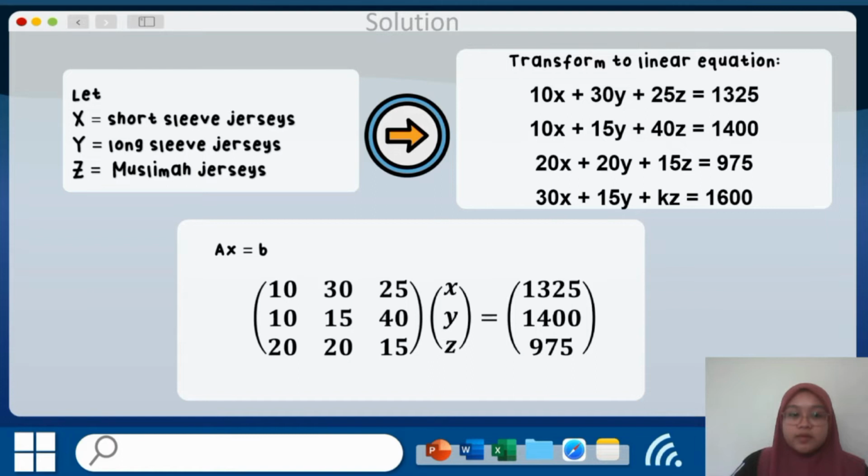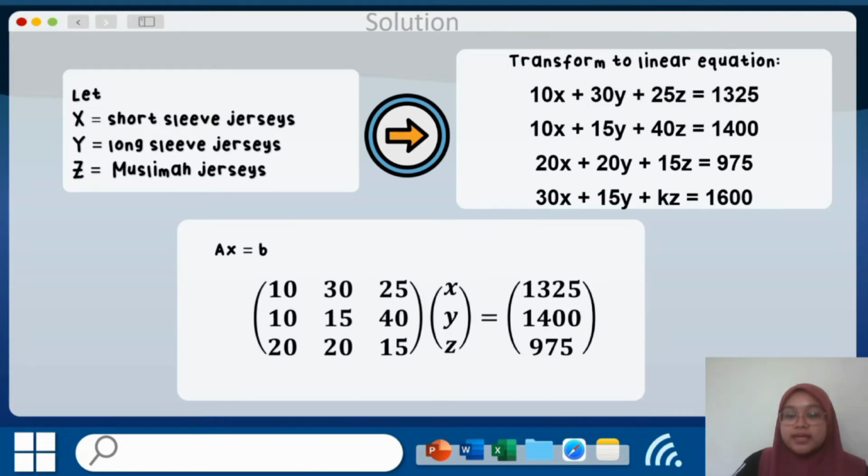Okay, after that we have to denote X as short-sleeve jersey, Y as long-sleeve jersey, and Z as Muslimah jersey. And then we need to transform the important sentences that we just highlighted into linear equations.